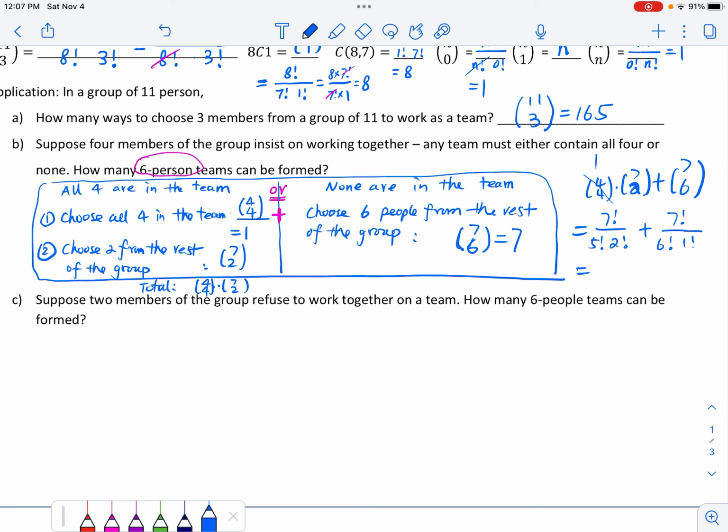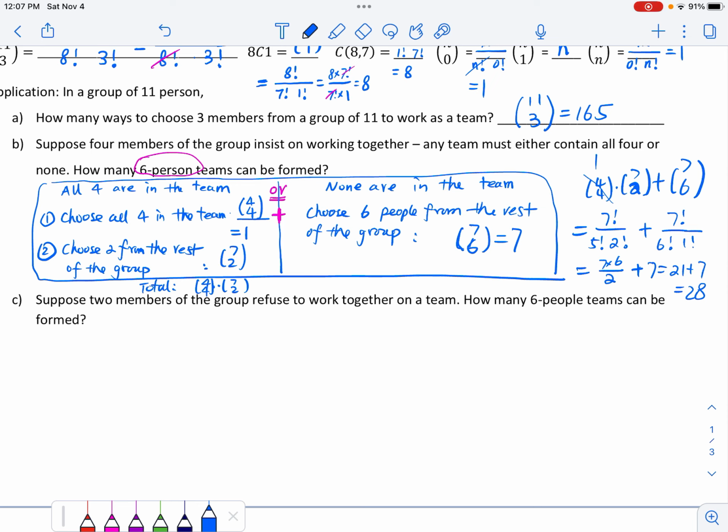And by the way, this will be 7 times 6 divided by 2, and then plus basically just 7. So this is 42 divided by 2, which is 21, plus 7. So total 28. 28 possible ways to form a 6-person team.